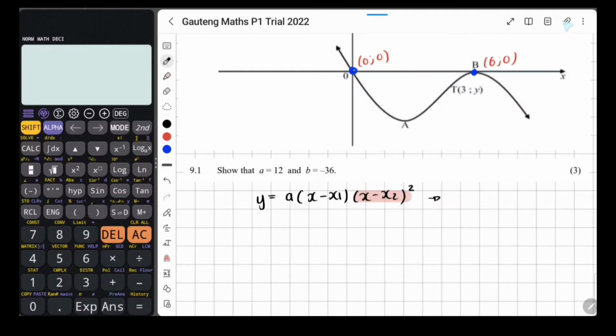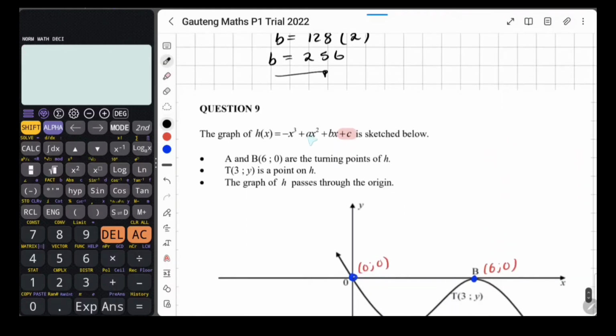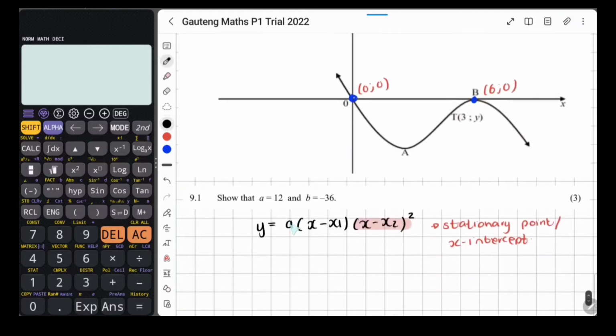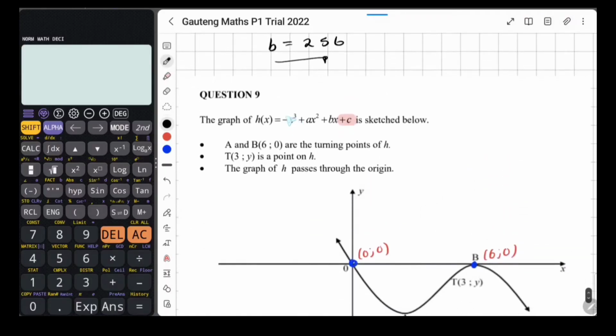So what we can do is, we know what a is in this form. It's not this a. This a is referring to the one in front of x squared, that number in front of x squared. This a that I'm referring to here refers to whatever is here in the cubic function.